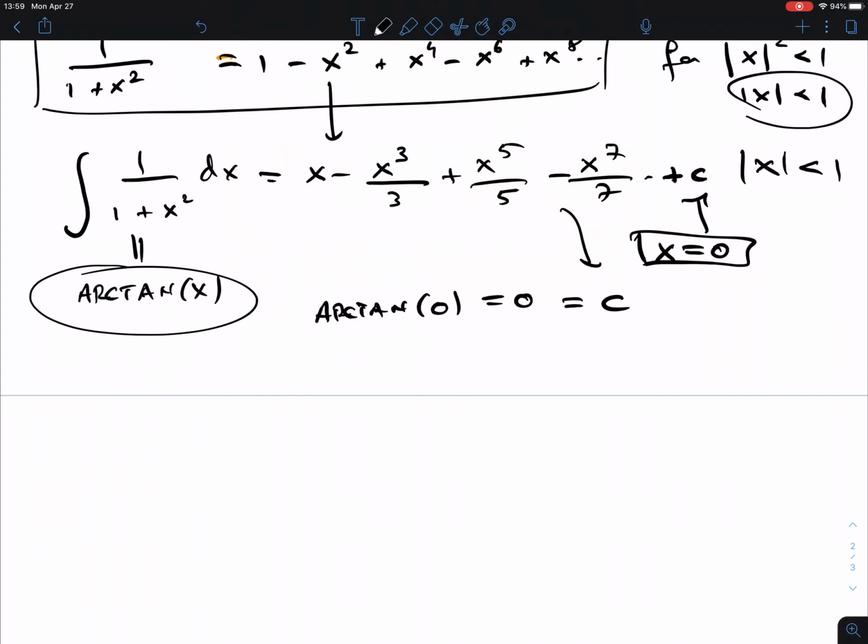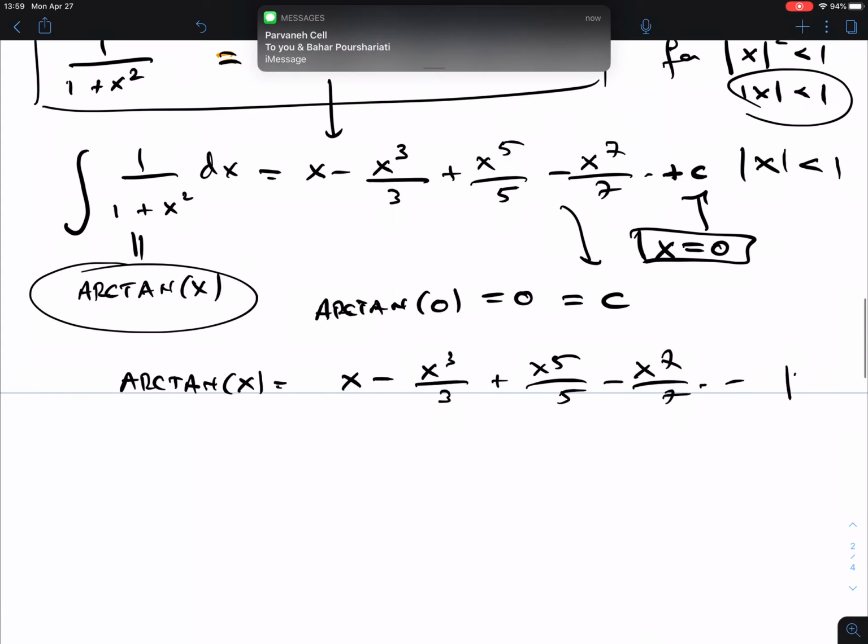So the arctangent of x is equal to x minus x cubed over 3 plus x to the 5 over 5 minus x to the 7 over 7, etc. And this is still for absolute value of x less than 1.